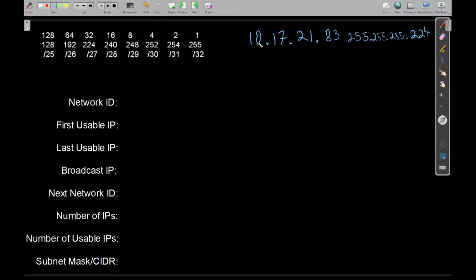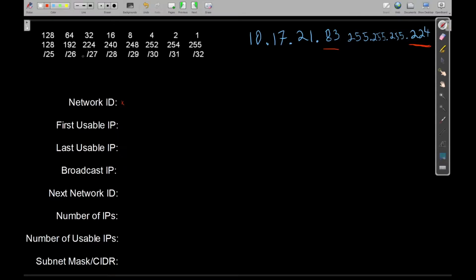All right, so let's say we were given this IP address with this subnet mask, and we want to figure out all of these parameters. Remember, we're only working with the last octet. So we need to figure out the network identifier. To do that, we use the chart we made. We see that our last octet of the subnet mask has 224 in it.